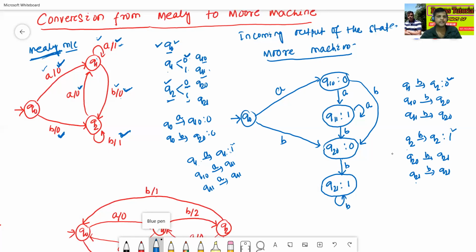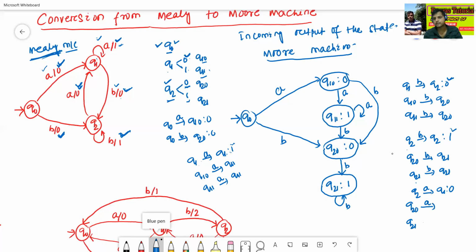Okay. Next we'll check Q2 reading A. Q2 reading A goes to Q1, but its output is 0. So Q2 means there are two states, Q20 and Q21.